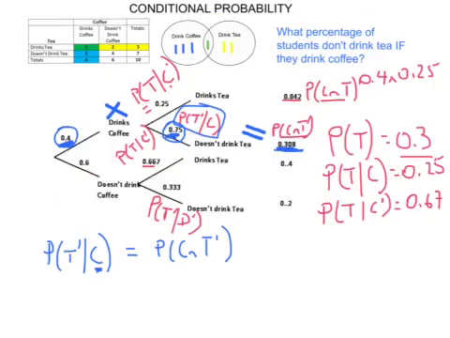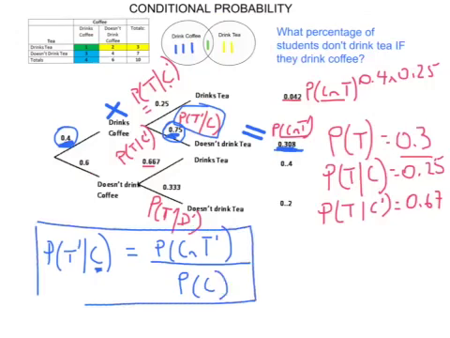So probability coffee and not tea divided by probability of coffee, the condition. That there is our conditional formula, our equation, that we can pick out what it is we're being asked to work out and then apply these values here.